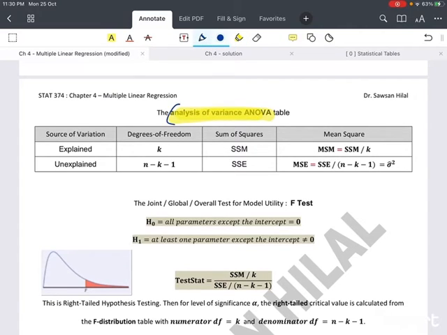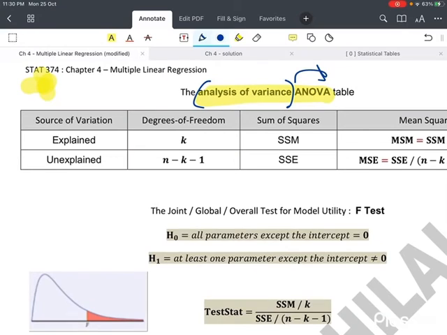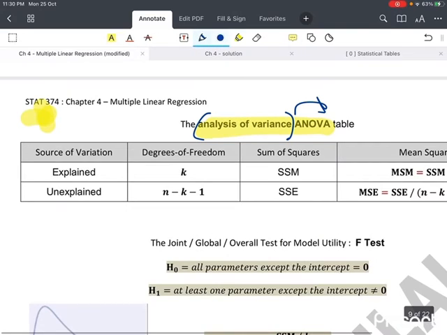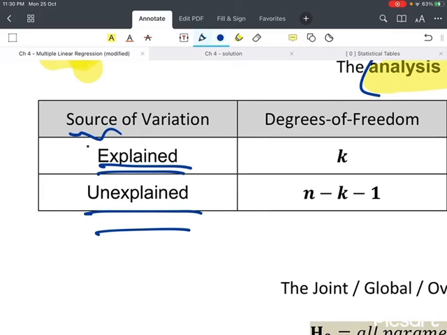So this will also be very, very important. Source of variation: we said the variation can be the total sample variation, or explained by the model, or not explained by the model. So we need to know where the variation comes from. Explained belongs to the model, while unexplained belongs to the error.